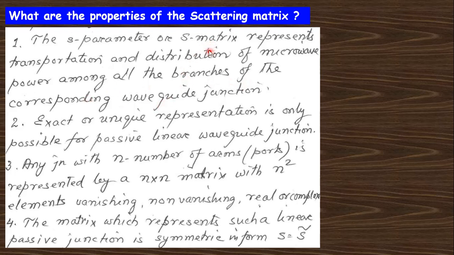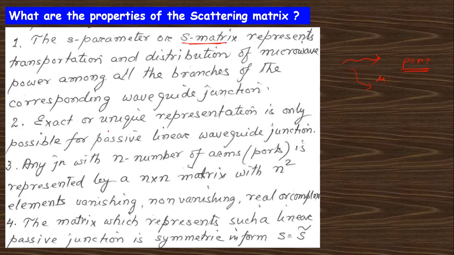Using the scattering parameter, you can tell about the transmission or distribution of the microwave among all the ports: what part will be reflected, what part will be transmitted. You can get this information from the S parameter, right?